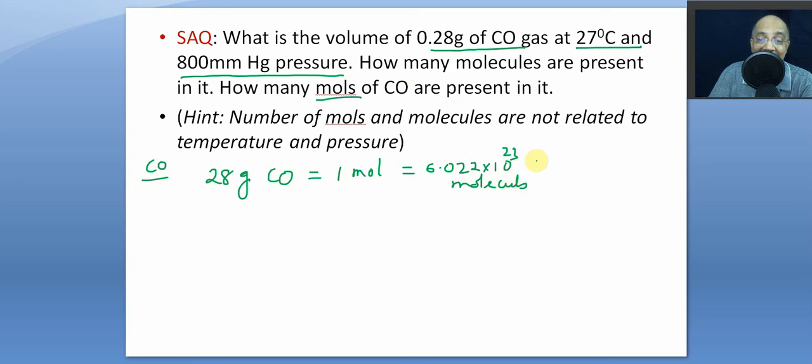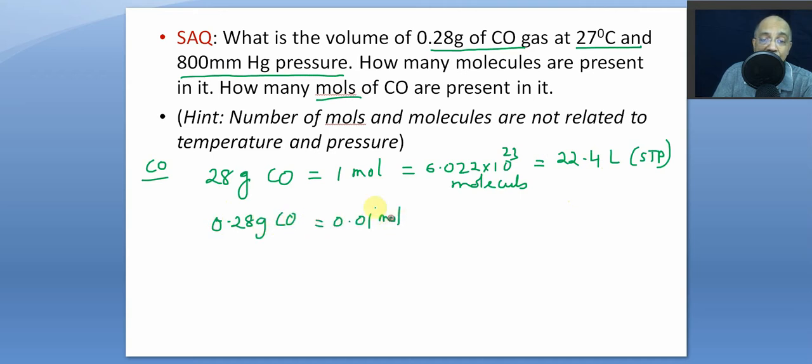And it occupies 22.4 liters at STP condition, right? These are the things that we are supposed to calculate. So if 28 gram is 1 mole, then 0.28 gram is obviously 0.01 mole. You can find out 1 by 28 into 0.28.